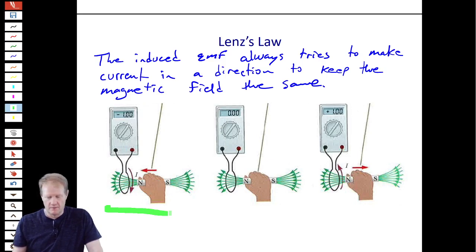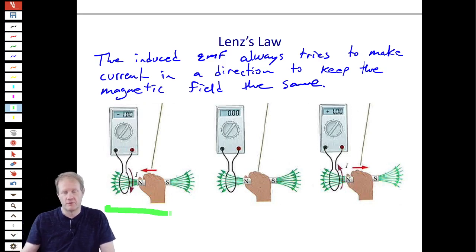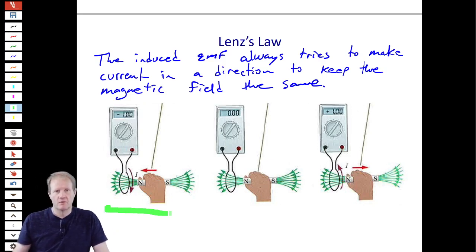So it would flow in a direction that would produce a magnetic field from the current that would be to the right. And so that would resist that change. On the other hand, if you already have a strong magnetic field in there and you're pulling the magnet away, then it would induce the current to flow the other way, because it's trying to keep that original magnetic field there.